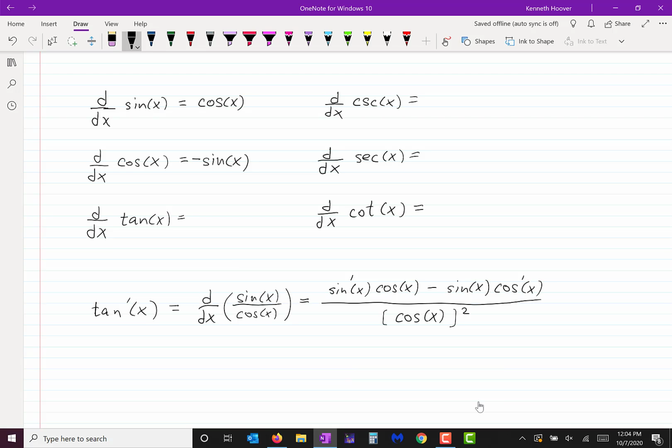What is sine prime? Sine prime is cosine. So sine prime times cosine is cosine squared. What is cosine prime? It's negative sine. So I have negative sine times negative sine, which is plus sine squared.